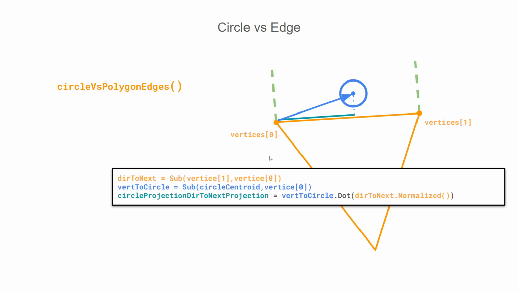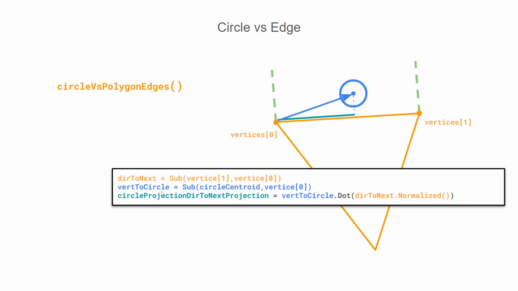Just subtract the vertice with the index of 1 minus the vertice with the index of 0. I'm always confusing this. Sorry for this.